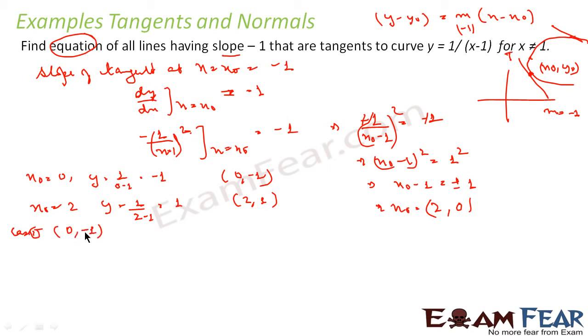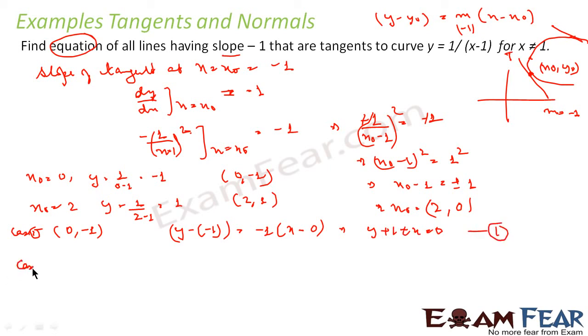In this case, my equation will be y minus y naught is equal to m, that is -1, into x minus x naught, that is 0. If you solve this, this becomes y plus 1 plus x is equal to 0. So this is my first equation, case 1.